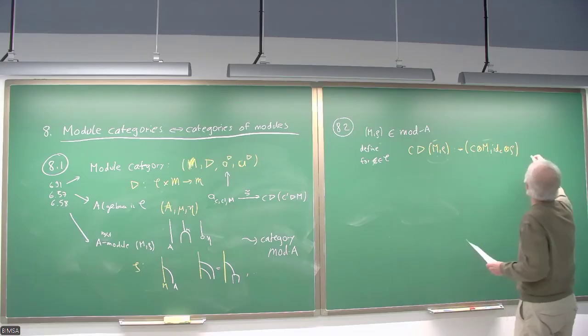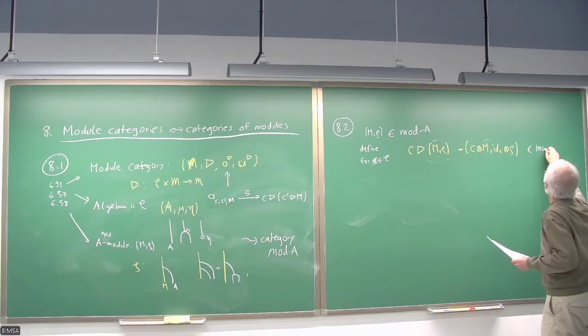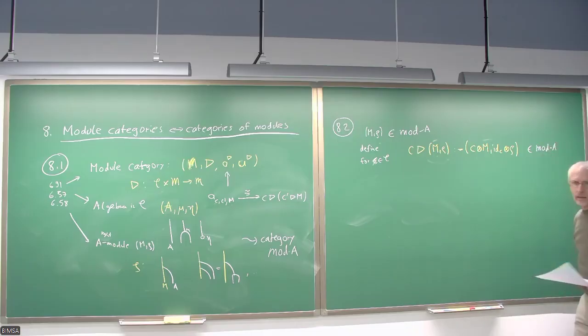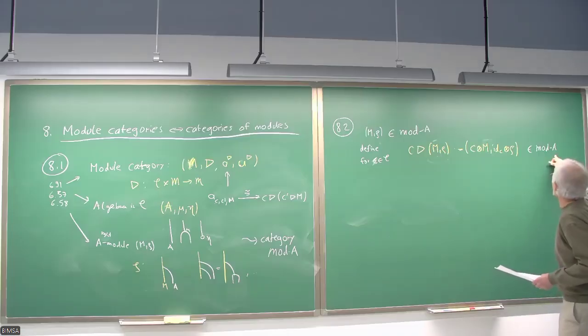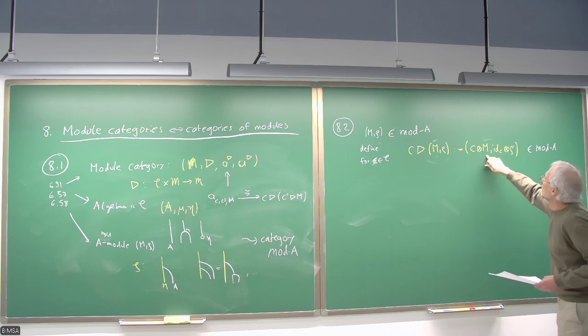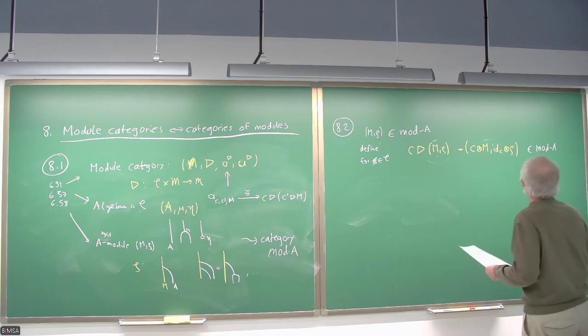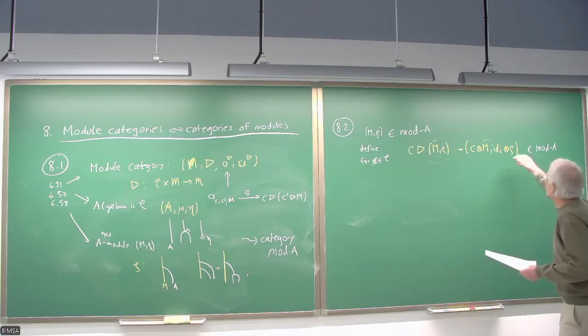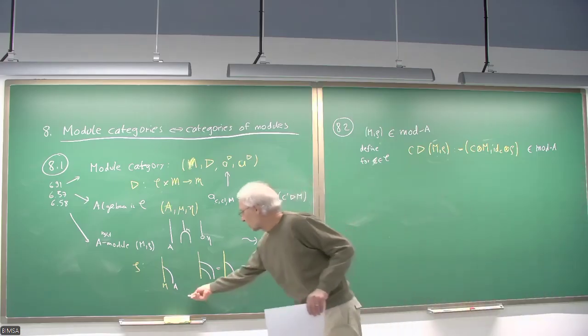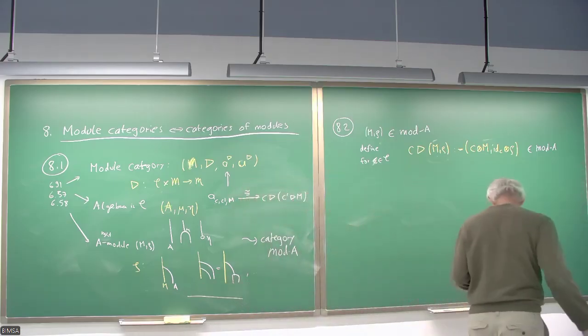And this is indeed again in mod A, simply because we can let A act on C tensor M by letting it act on M. This is what we write here, and it satisfies these consistency conditions, obviously.